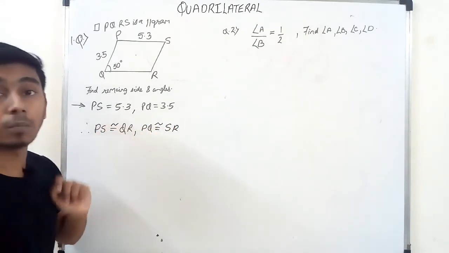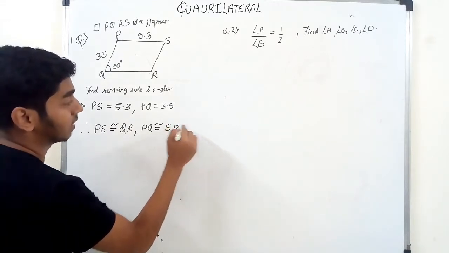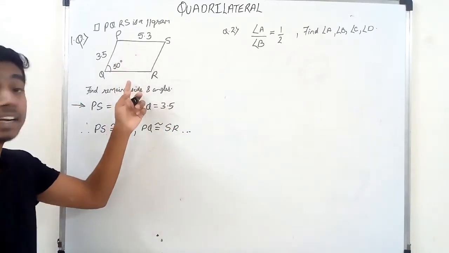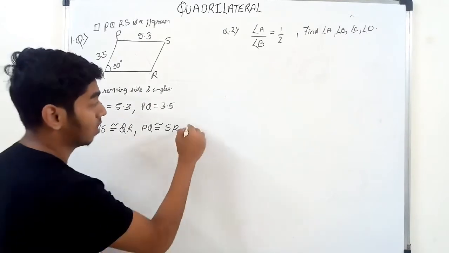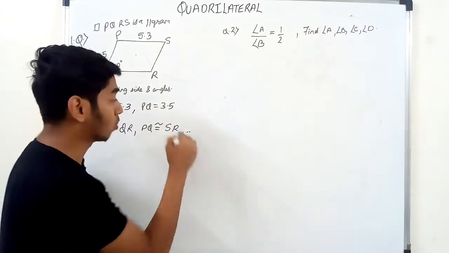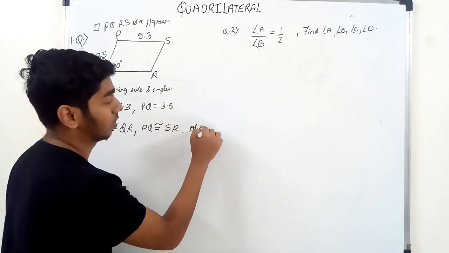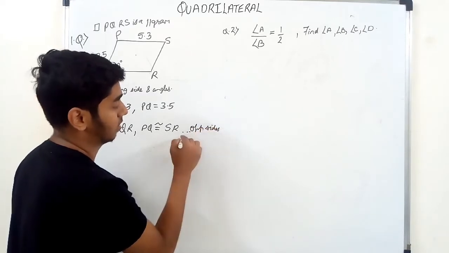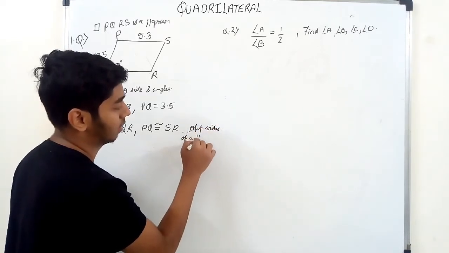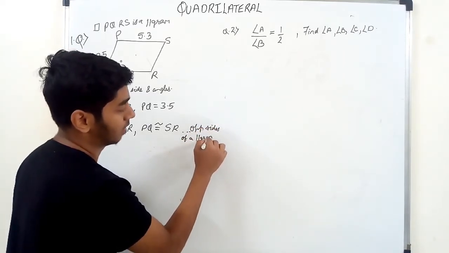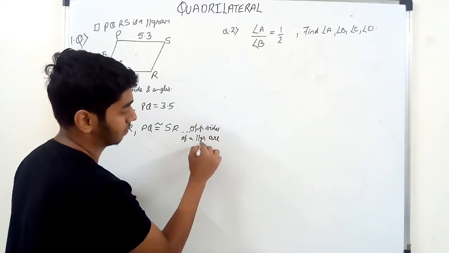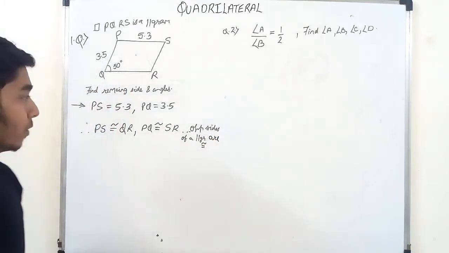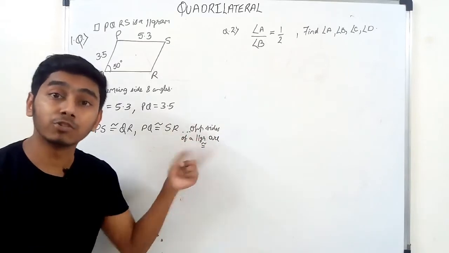What will be the reason for both of them? We can say the reason as opposite sides of a parallelogram are congruent. So you can write the theorem which you are using.